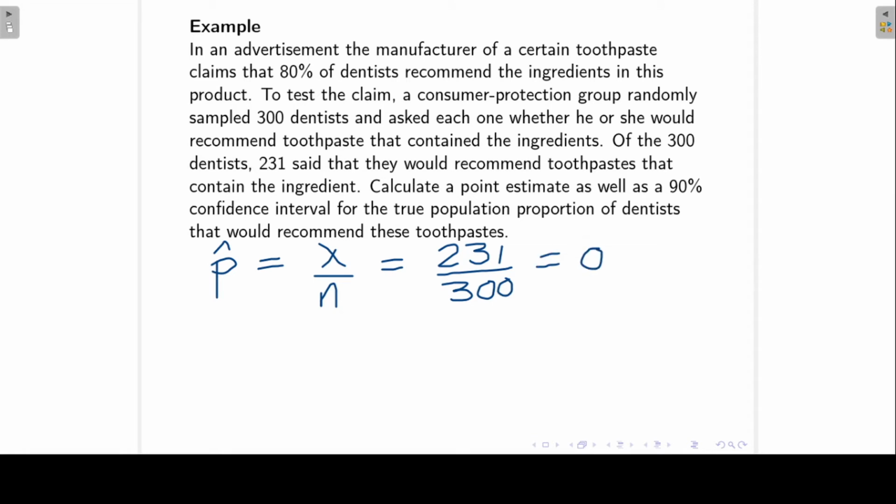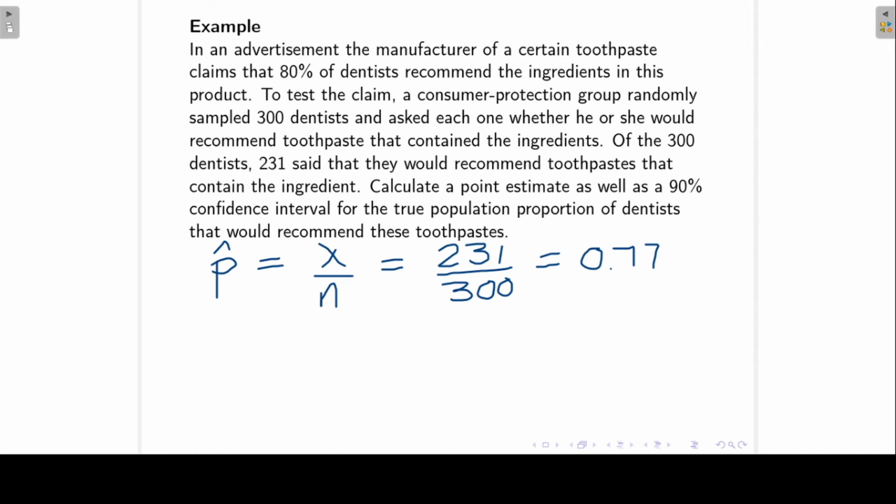So a point estimate for the true population proportion is 0.77. Now remember that a point estimate doesn't give us any indication of how good this estimate is expected to be. So therefore, we prefer to set up a confidence interval or an interval estimate.